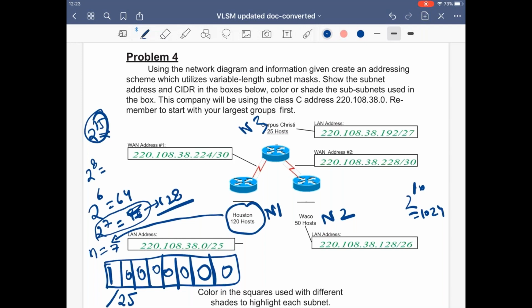So the valid IP range is from 192 till 223 for network 3, and the subnet mask is 27 because only the first three bits are 1. So 24 plus 3 equals 27. That is for network 3.